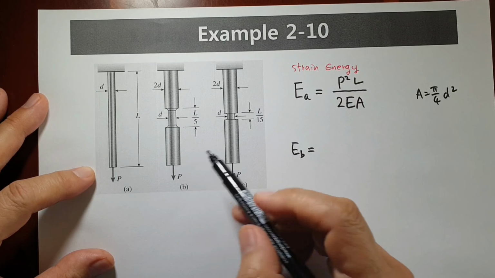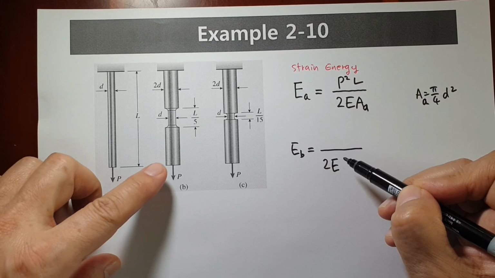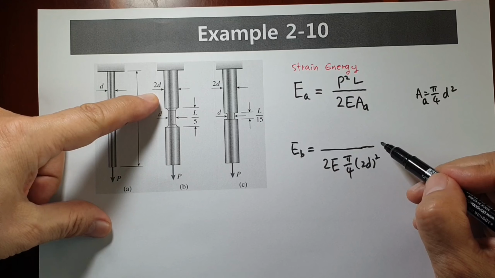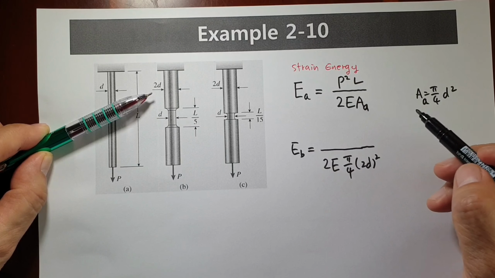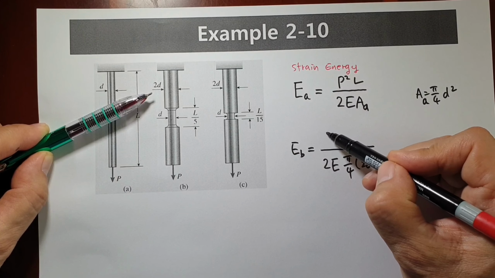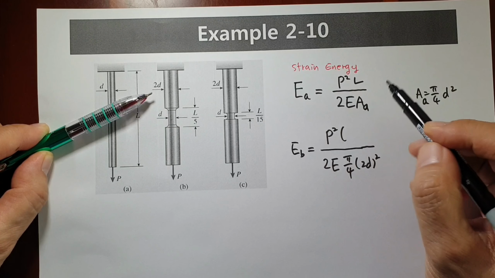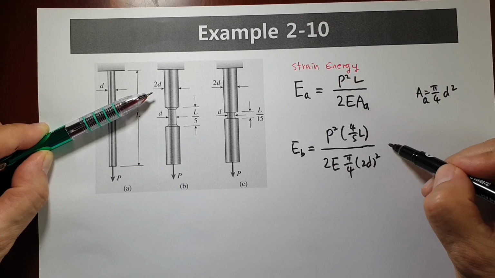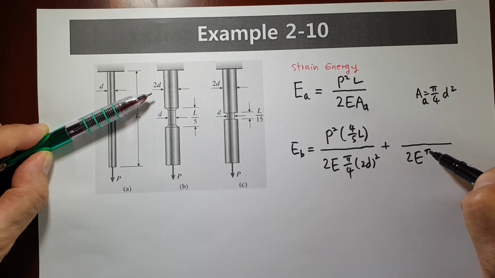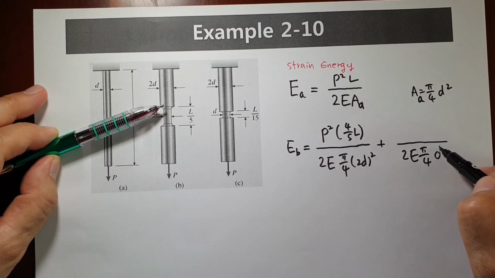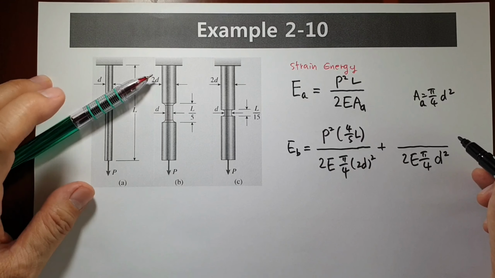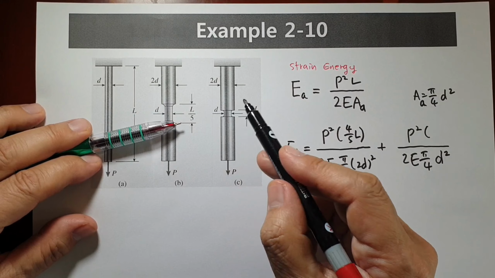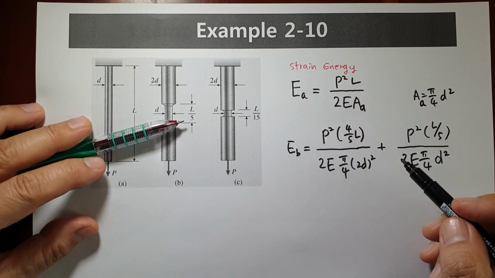So it is P squared times L minus L/4 over 2E times A, with A equal to 5/4 pi D squared, plus P squared times L/4 over 2E times 5/4 pi d squared.